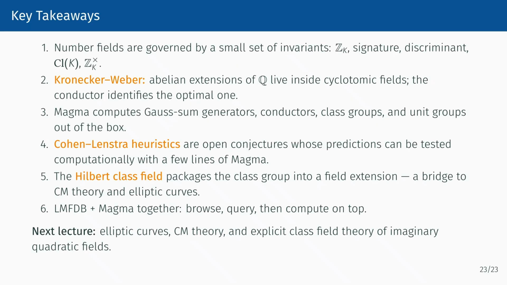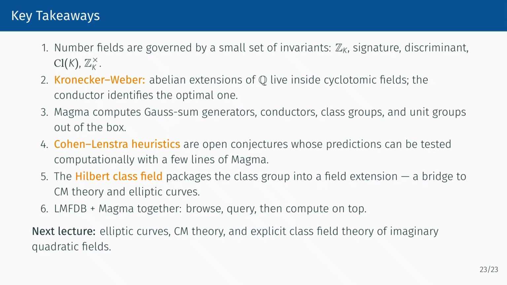Okay, maybe a brief summary. Number fields are governed by some invariants. I don't know if small set is precise, but today we're just touching a small set of invariants, like the class group, the unit group, the discriminant. Kronecker-Weber tells us that abelian extensions of Q live inside cyclotomic fields, and the conductor identifies the optimal one.